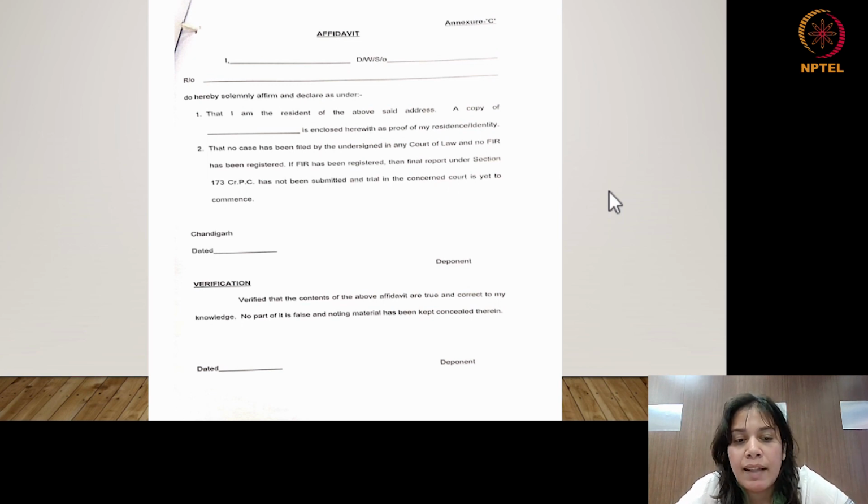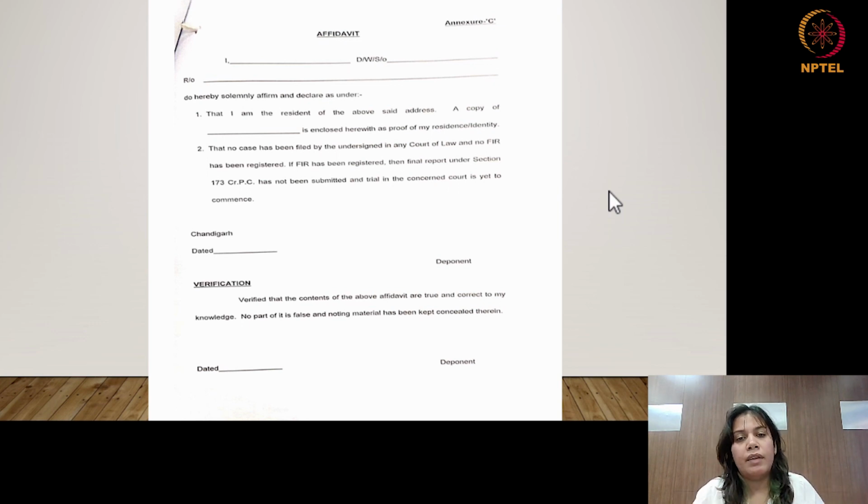Then there's the date and the deponent will affix the signature. A verification would be given. Verify that the contents of the above affidavit are true and correct to my knowledge. No part of it is false, and no material has been kept concealed therewith.